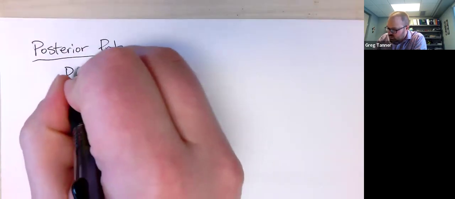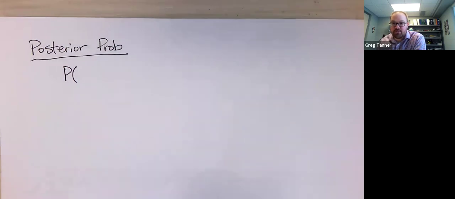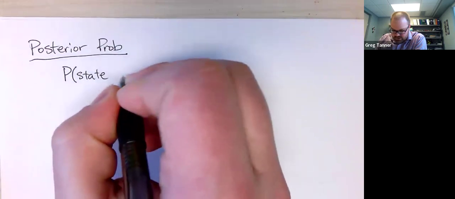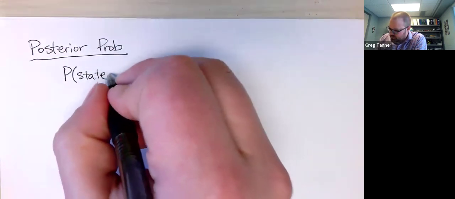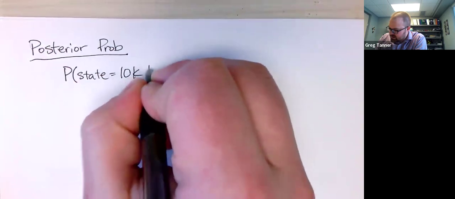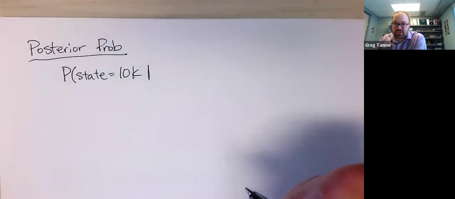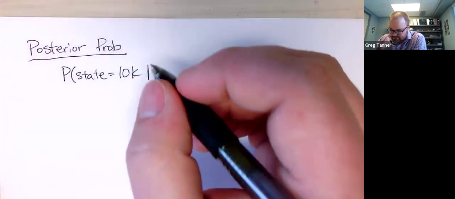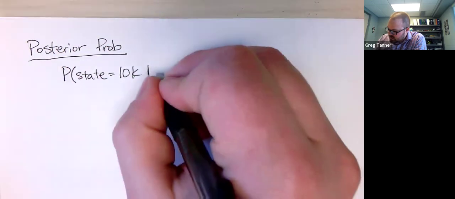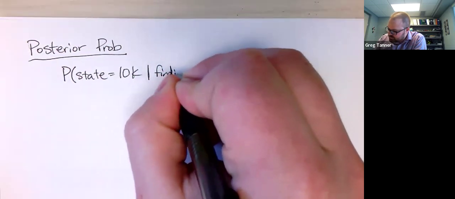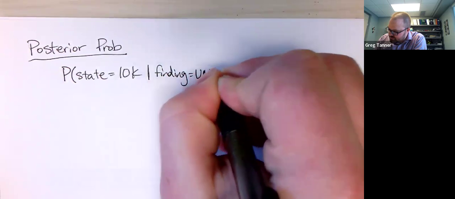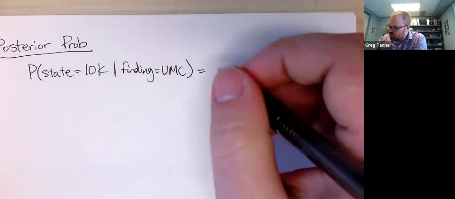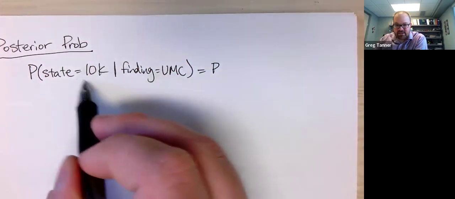So the posterior probabilities are probabilities of a state, so state equals 10K, given we know the experimental finding. These become useful once we get those experimental findings. So let's do given finding equals UMC. We're going to take the joint probability, that is the and of these two things.